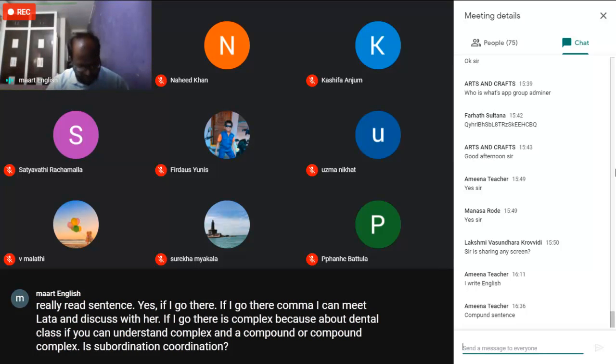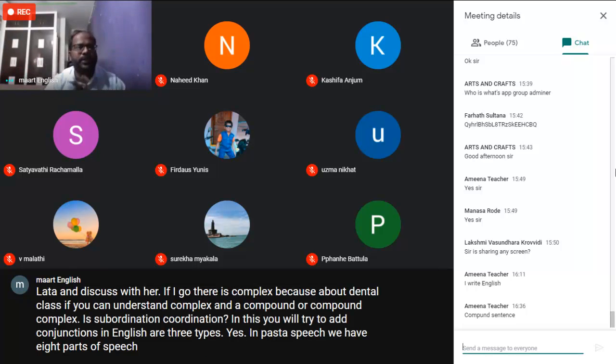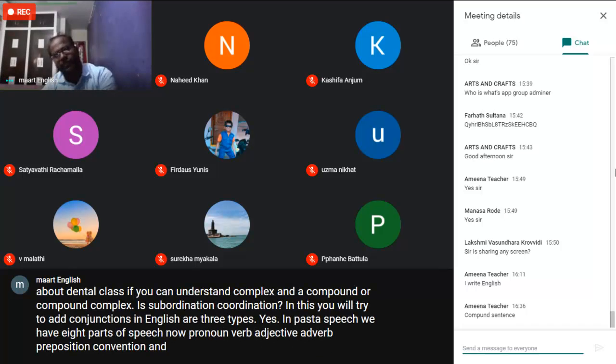In this, you will try to add conjunctions. Conjunctions in English are 3 types. In parts of speech, we have 8 parts of speech: noun, pronoun, verb, adjective, adverb, preposition, conjunction, and interjection. In this, conjunction is the 7th part of speech.